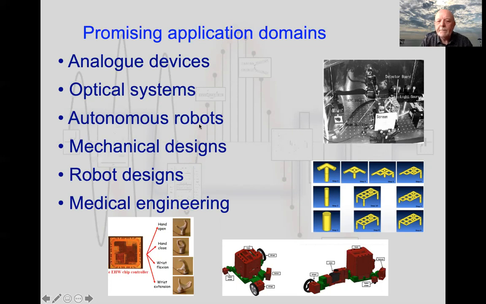Autonomous robotics. There's been quite a lot of work where, given a robot, the controller of the robot, if you like, the brain of the robot, evolves for a particular application. Mechanical designs. Some of the very early work on evolution was actually done on mechanical designs. Some interesting work that's recently been done is trying to evolve physical structures.